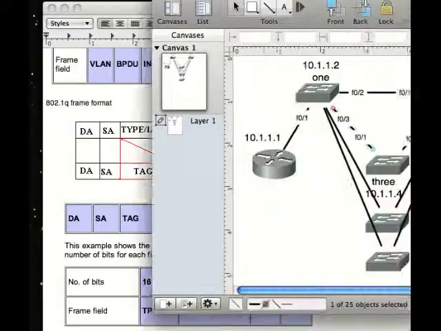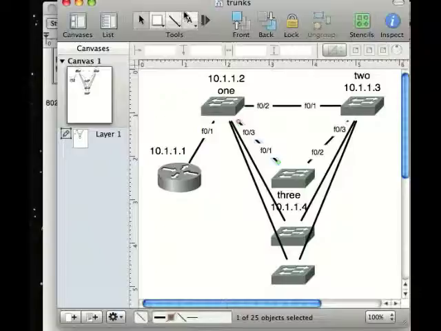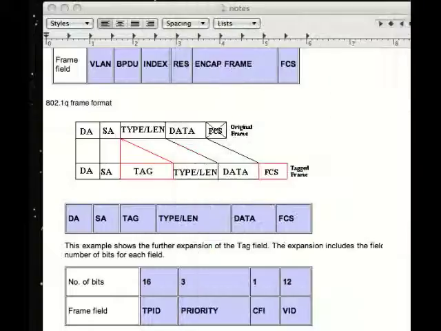So you don't want to let hackers get access to a native VLAN, and in general, for security reasons, you don't want to run VLAN 1 to customers. I generally leave the native VLAN as 1 on all of my trunks, and then I just don't let customers use VLAN 1. VLAN 1 is only for the native VLAN for the trunking.